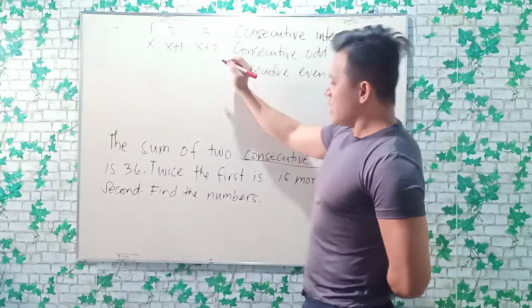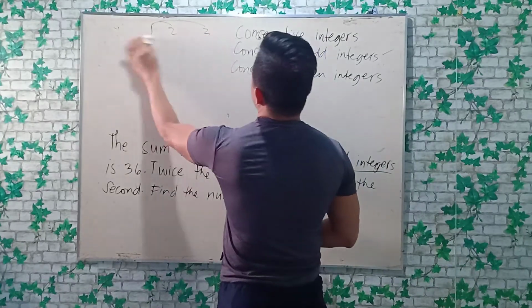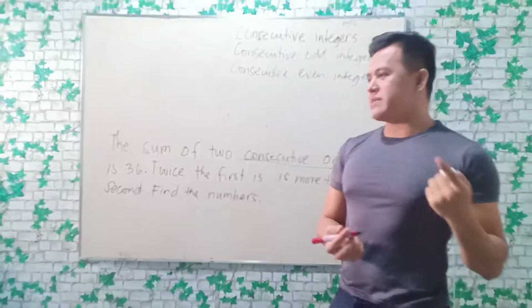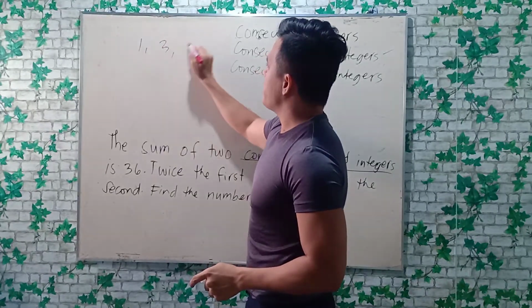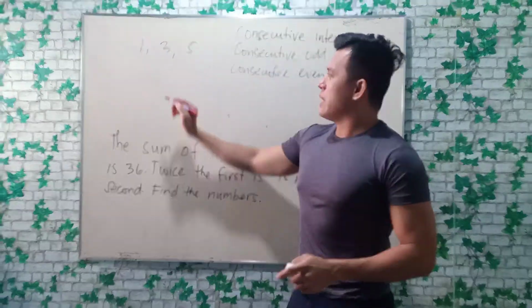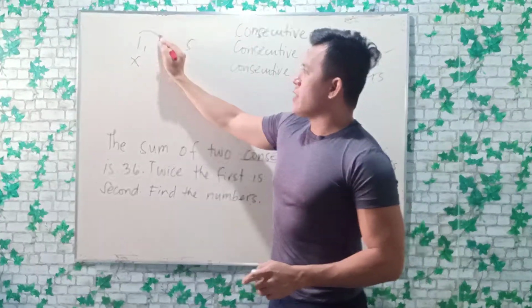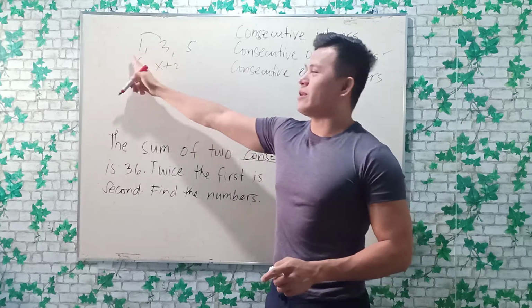Now, another one, we have consecutive odd integers. When I say odd integers, they are 1, 3, 5, 7, 9, and so on. So, let's say 1, 3, 5. Now, let x be the first integer. 3 is how much greater than 1? We have x plus 2, because it's 2 greater than 1, right?